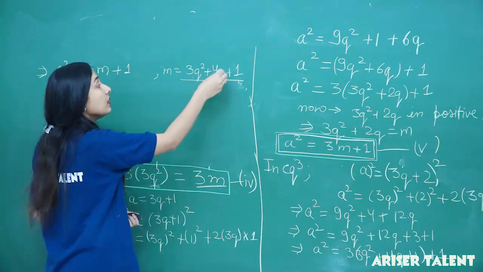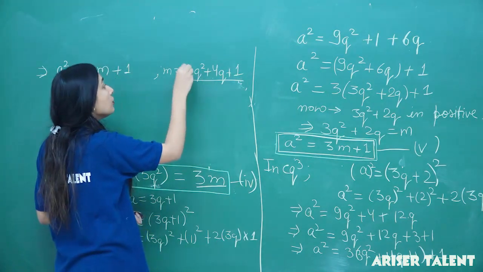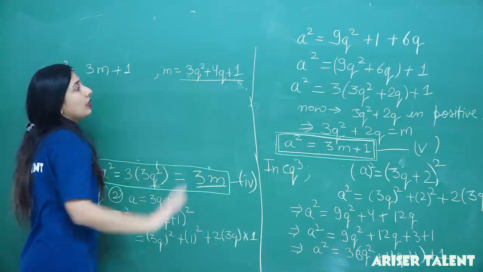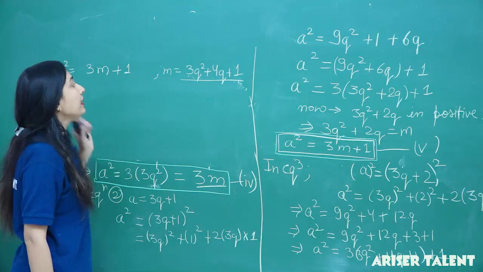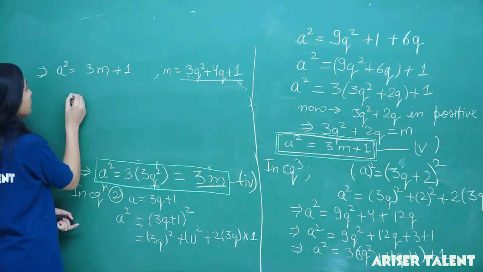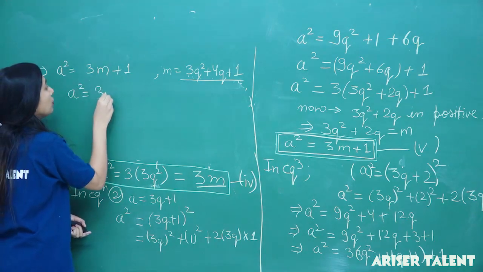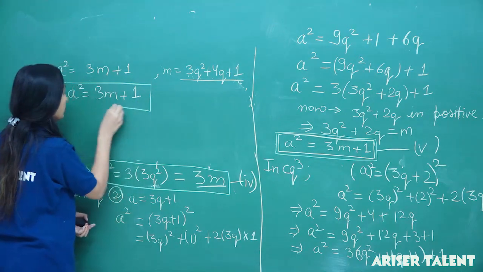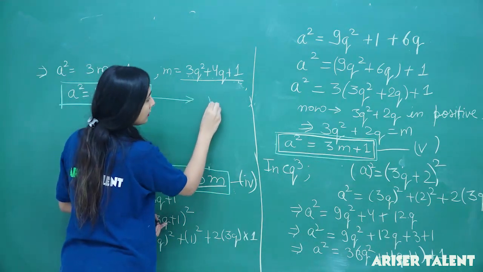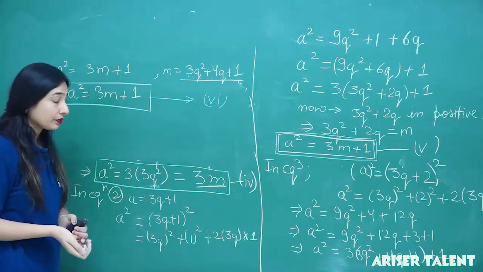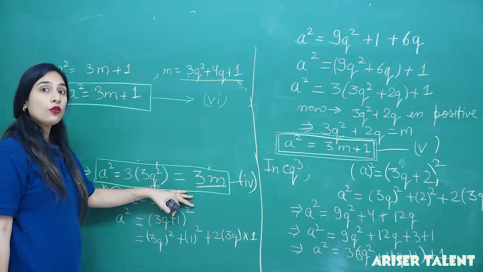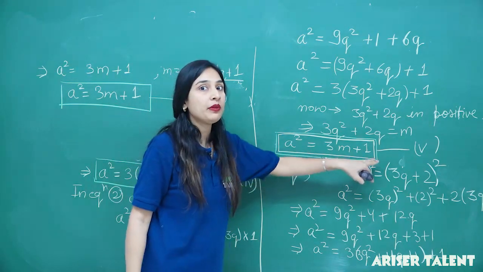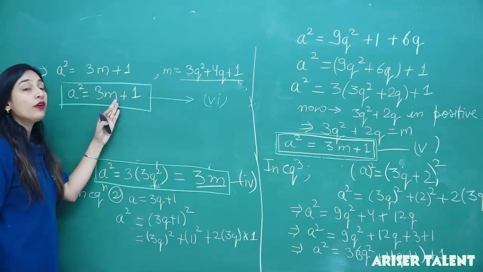Because q is an integer, and 1, 4, 3 are integers, and we have multiplied and then added, it will ultimately become an integer and we considered it as m. So a square equals 3m plus 1 is our equation number 6. Now, look at equation 4, it is in the form of 3m, 5th it is in the form of 3m plus 1, and 6th it is in the form of 3m plus 1.